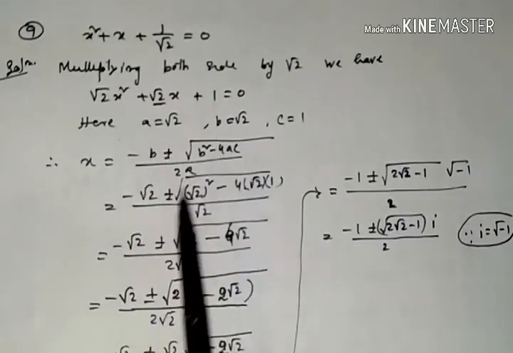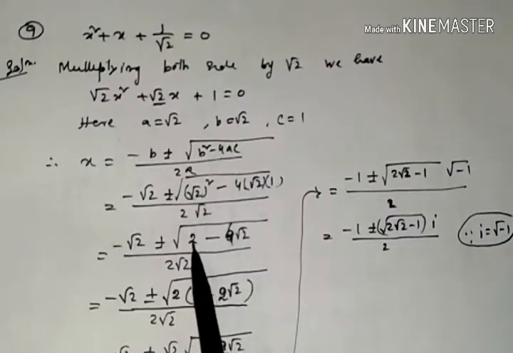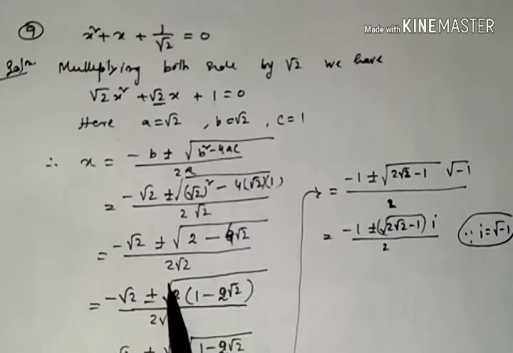Quadratic formula, we can put these values here: -1 ± √(1 - 4√2)... we can take 2 common, 1 - 2√2.